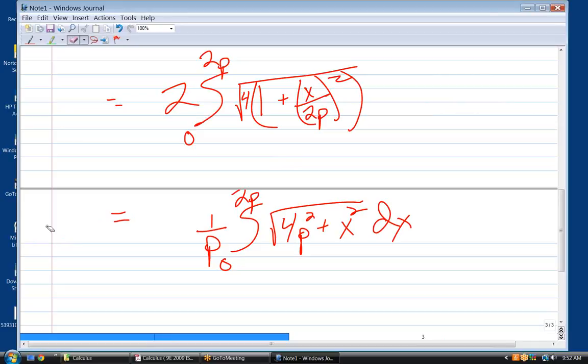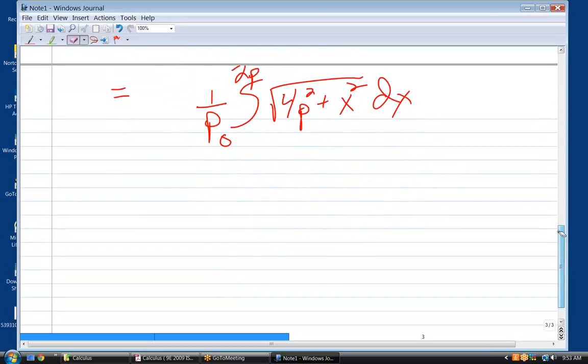In other words, if somebody has done it for you, you can verify that this is the same as this. Makes sense. And now we can use our formula.